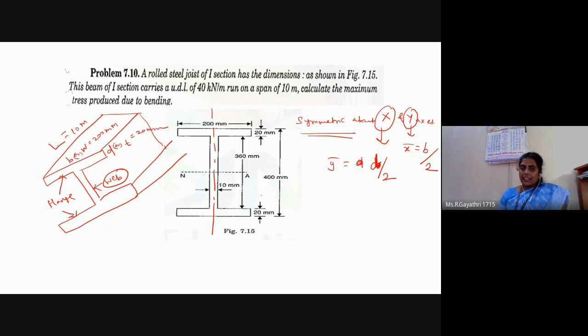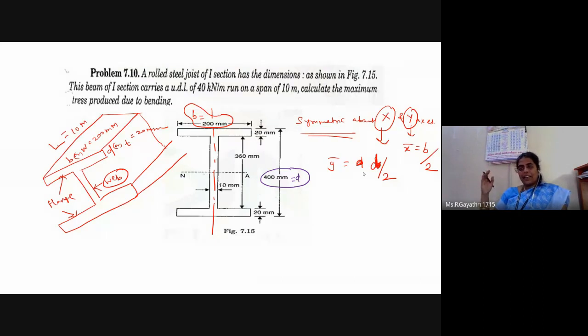Okay. Here the width is 200 mm and the depth is 400 mm. If it is symmetric about x-axis, you can cut the section into two equal halves. About x-axis means y bar value is total depth by 2.